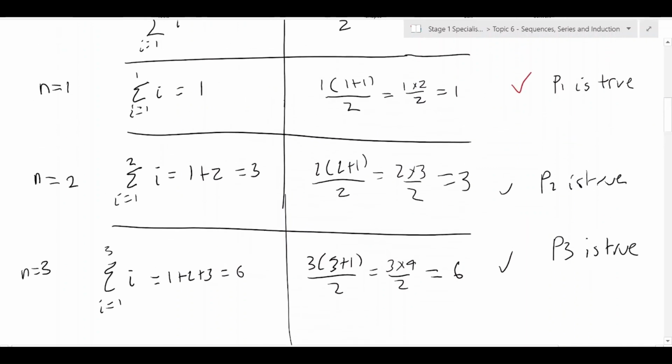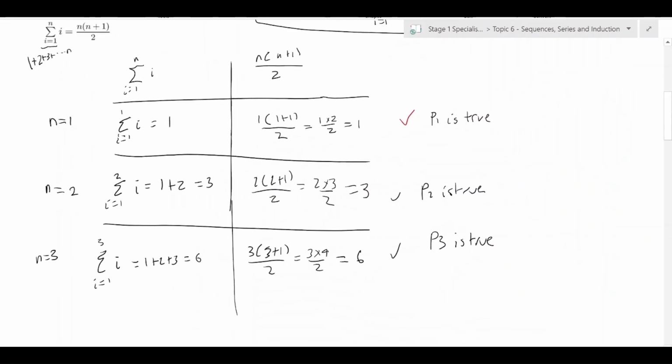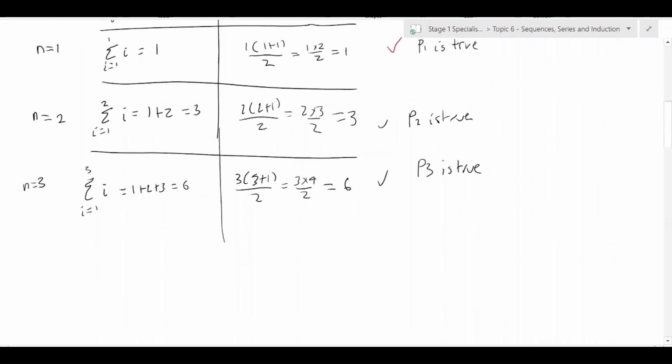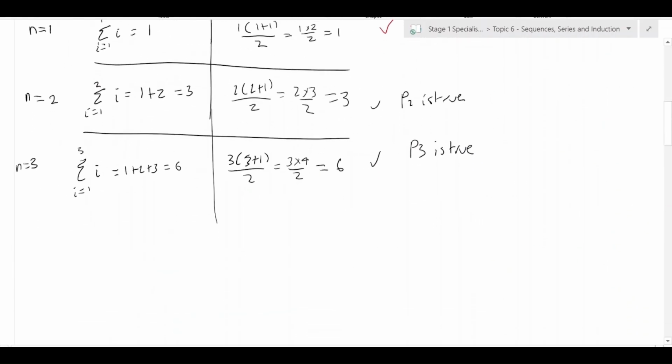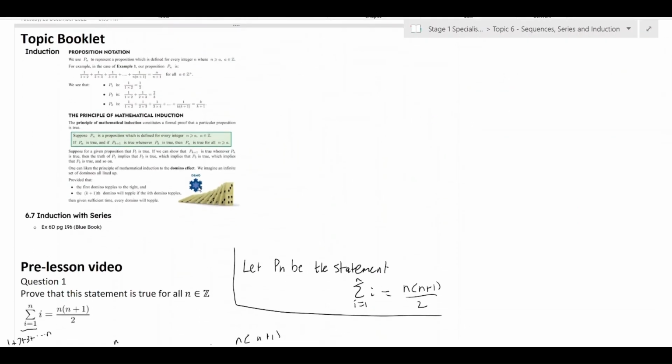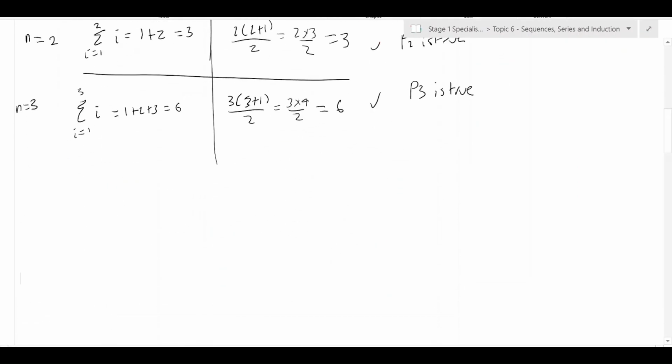Now we'll stress again, when you do an actual induction proof, you only need to check P1 is true. So induction proofs sort of have 3 steps. Step 1 is to check P1 is true, which we've done.